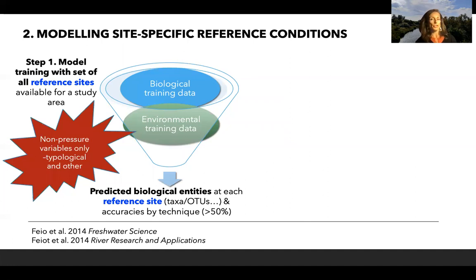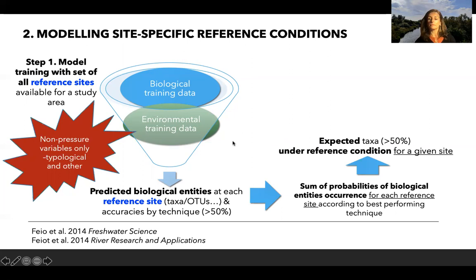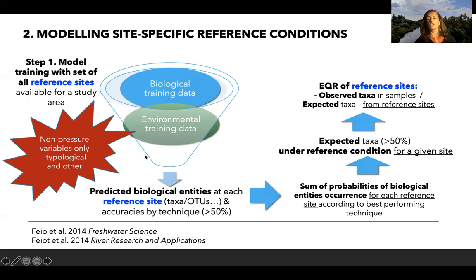So it's typological information and not variables such as the nutrients or the land use and so on that translate disturbance. And then we will obtain the biological entities predicted in that site, and by summing the probabilities of biological entities occurrence, we will obtain an expected taxa under reference condition.